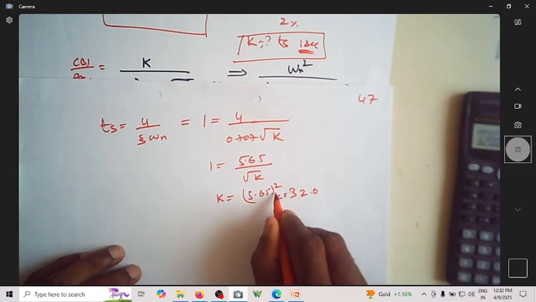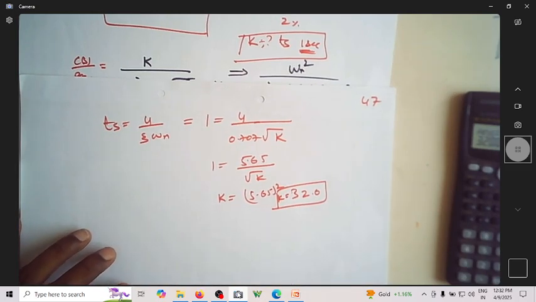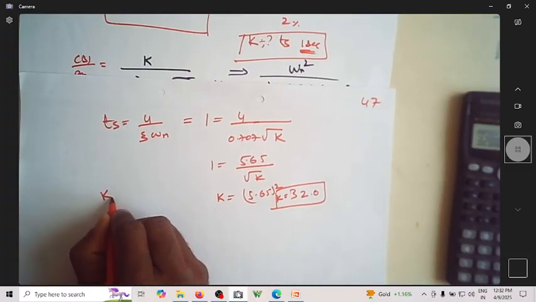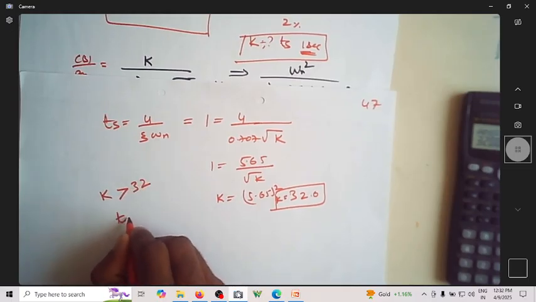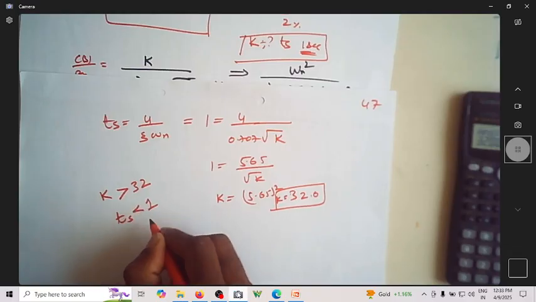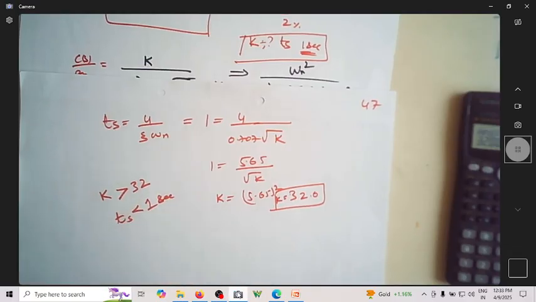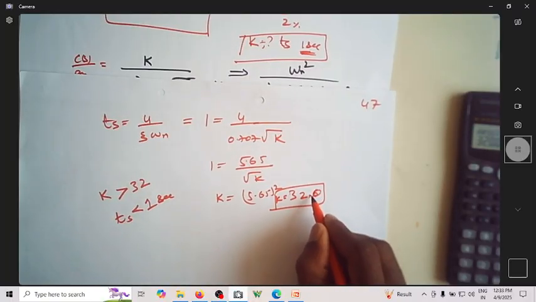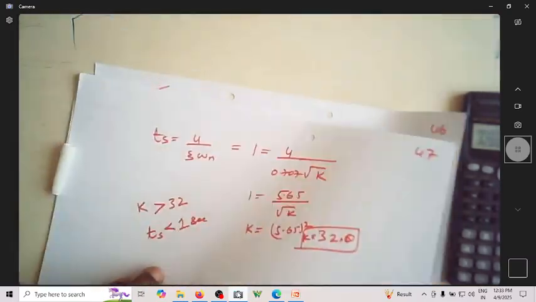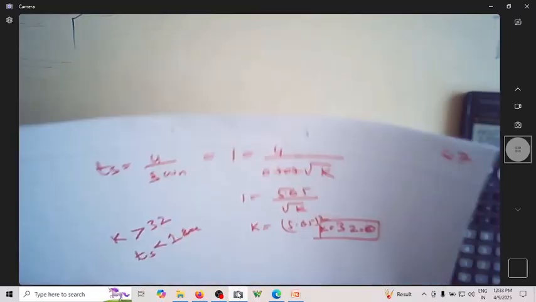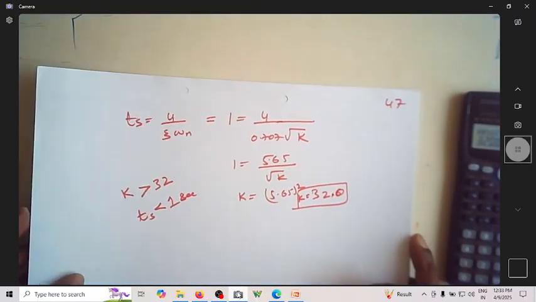If K is equal to 32, so if the value of K is greater than 32, then the value of Ts is less than 1 second. This is how we are able to find the values for the given problem.